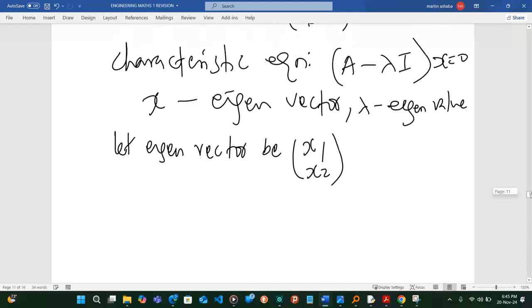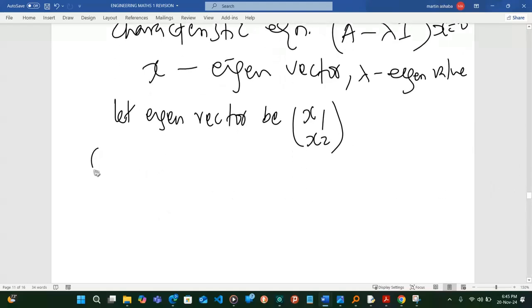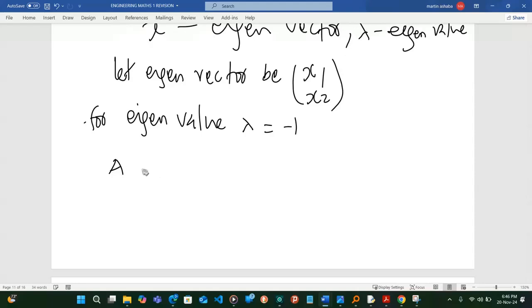And when we do that, we are going to do it for each eigenvalue. So for eigenvalue lambda equal to negative 1, A minus, obviously, lambda into I, we multiply by x, this is going to be giving us 0.